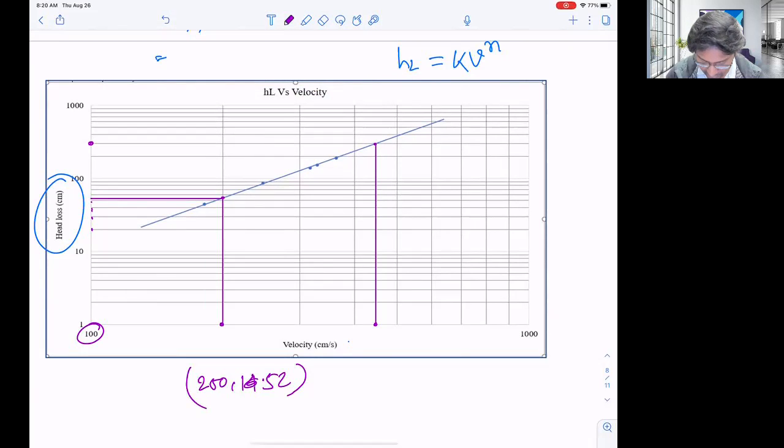Similarly from this one we have 100, 200, 300, 400, 500, so we have 500.